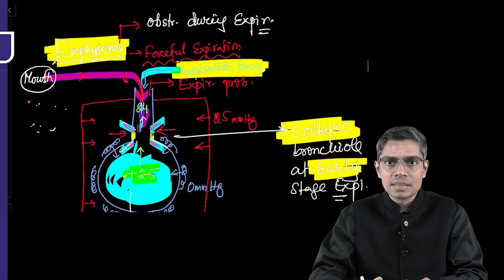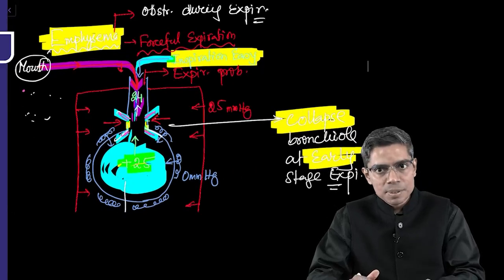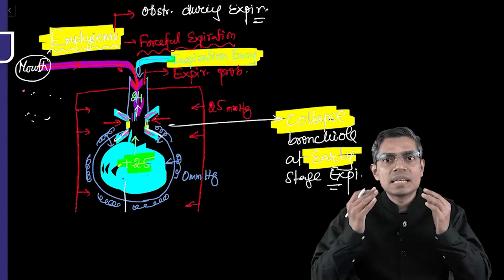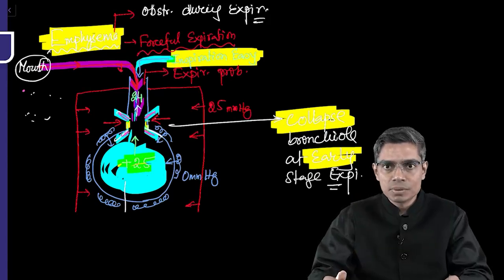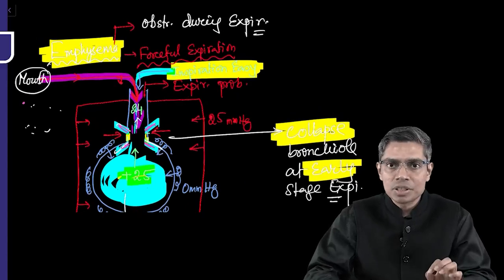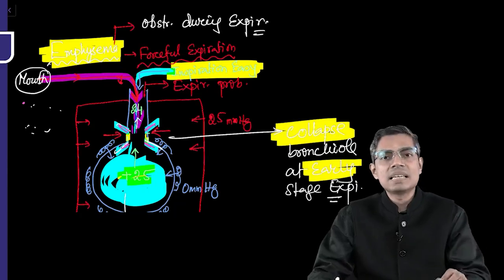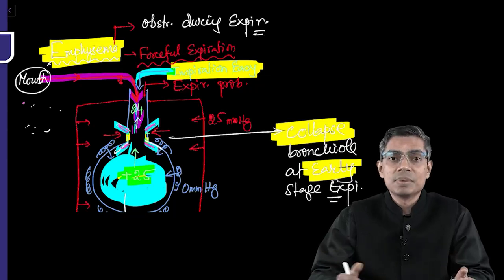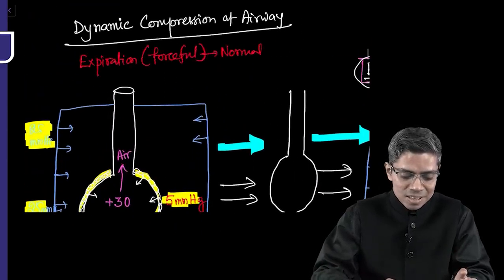And that's why the subject will do an expiration by this kind of maneuver. If I do like this, you are generating extra pressure inside your mouth, and by experience the emphysema patient knows that if he or she breathes like this, then the expiration becomes easier.